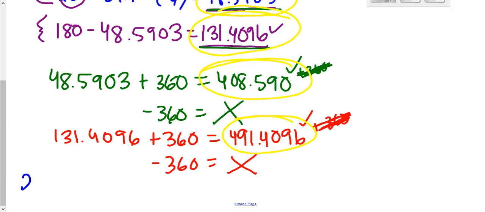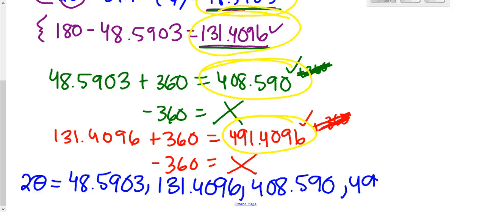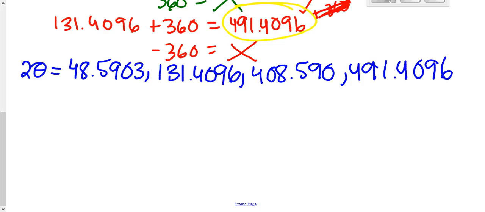And remember, this is 2 theta equals 48.5903, and then 131.4096, and 408.590, and 491.4096.